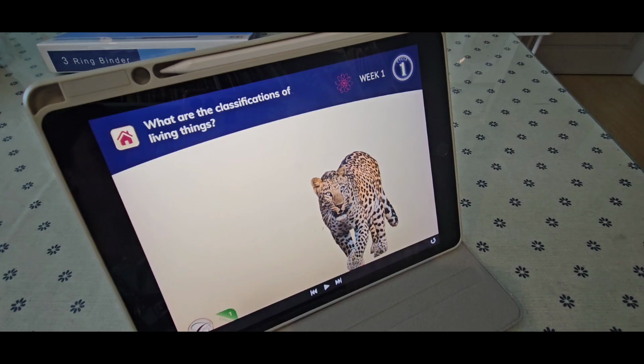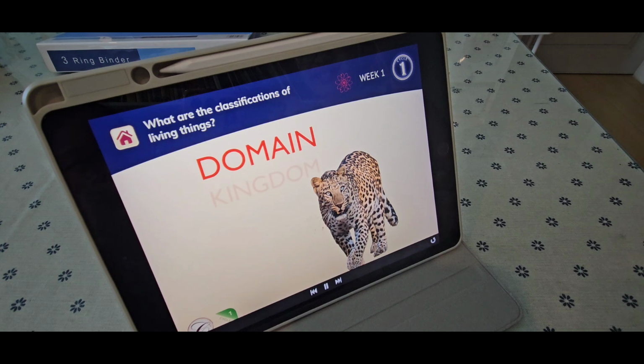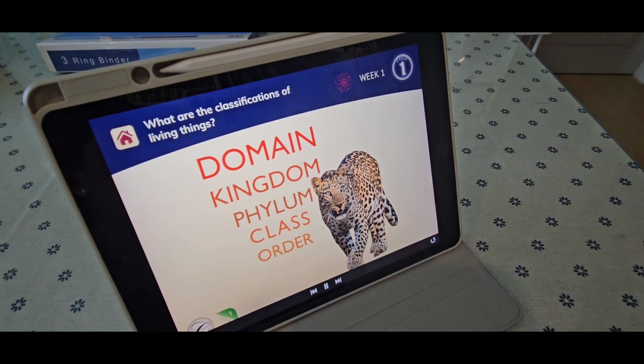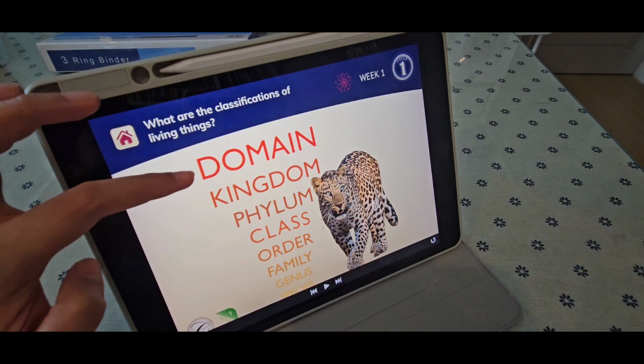Domain, kingdom, phylum, class, order, family, genus, species. Yay! Good job. Okay. Domain, kingdom, phylum, class, order, family, genus, species. Maybe one thing to help you remember it is just think of the first letter of each word.